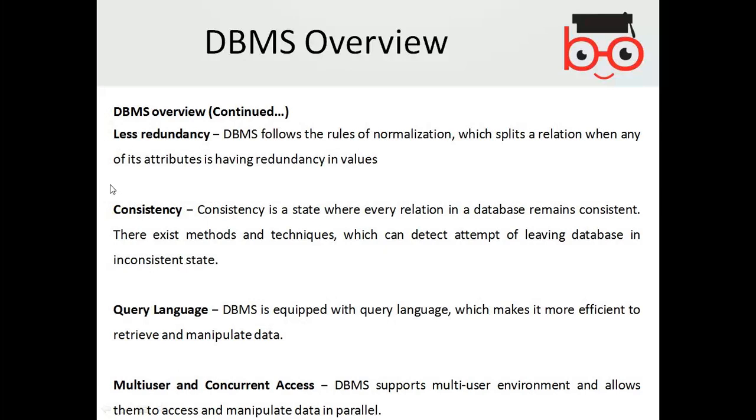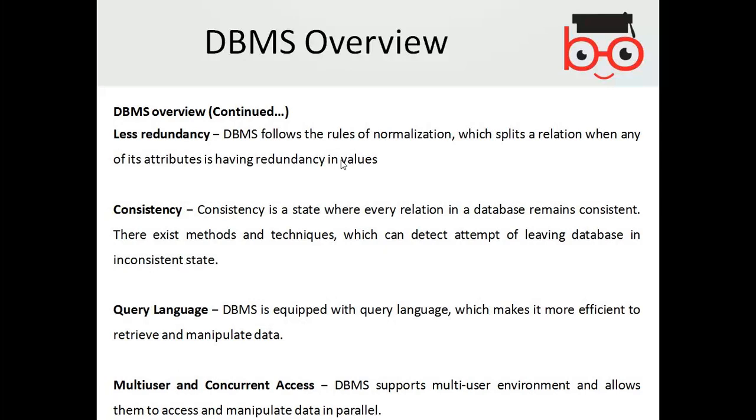Less redundancy. Database management systems follow the rules of normalization, which splits a relation when any of its attributes has redundancy in the values. Redundancy is the duplication or recurrence of values.